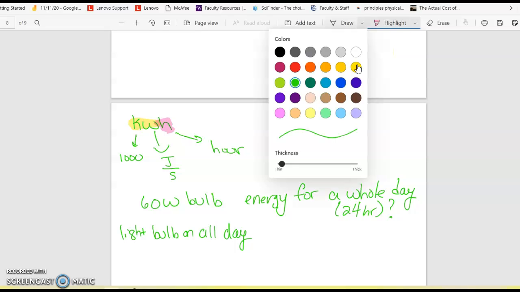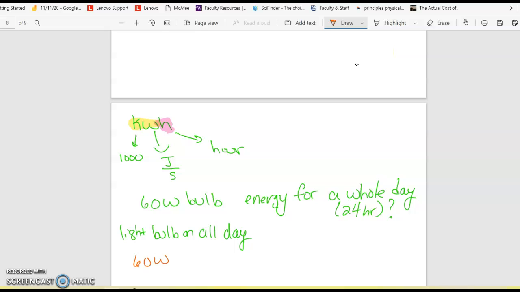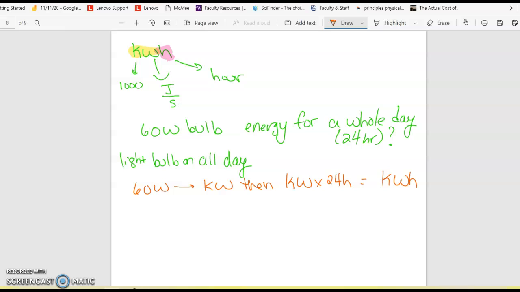So first, 60 watts, we have to turn that into kilowatts. Then we are going to multiply that kilowatt by 24 hours, and this gives us kilowatt hours. That's the total energy for the day.